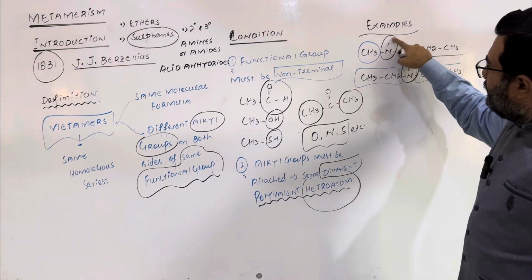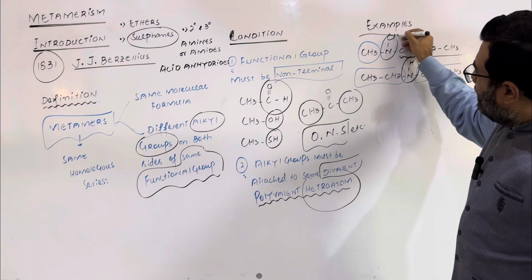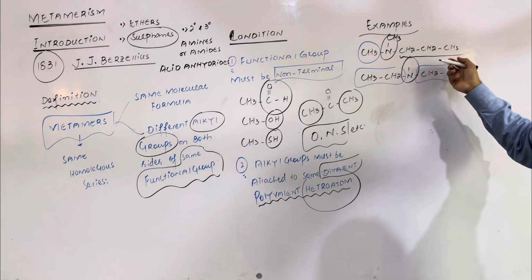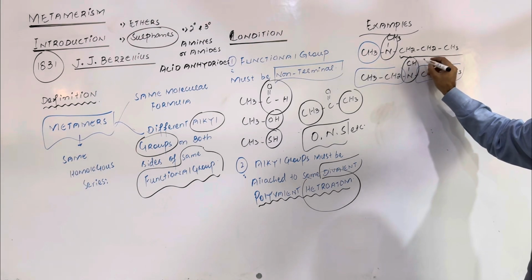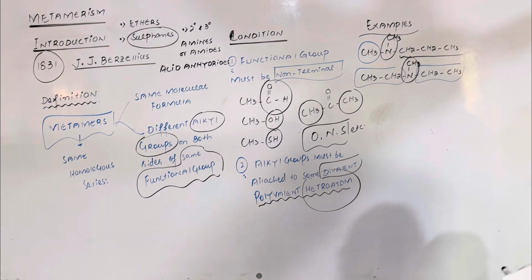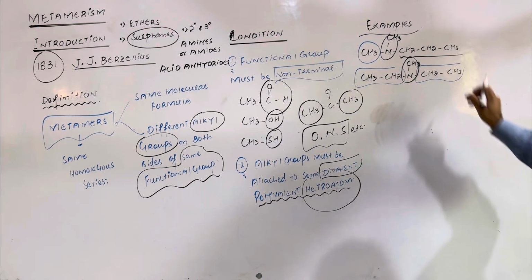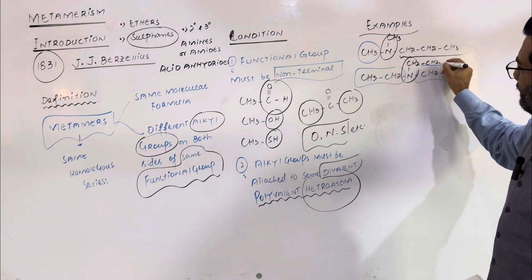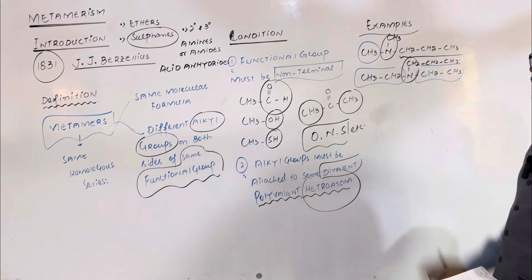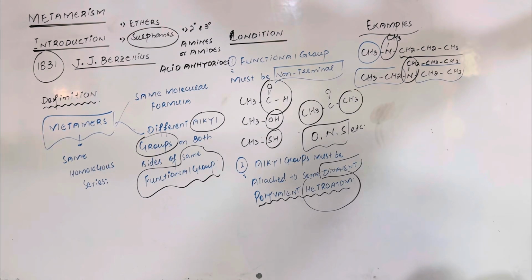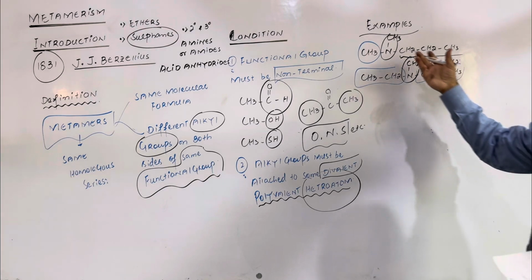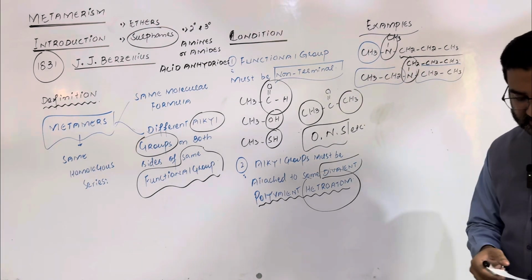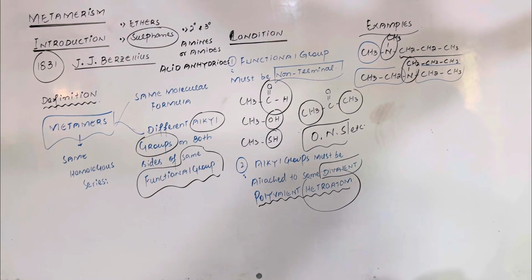You are required to do nothing, just replace the hydrogen with methyl, and this hydrogen you can replace with methyl, or even with propyl. So they will also have different alkyl groups attached to the nitrogen atom, and they will also be called metamers of each other.